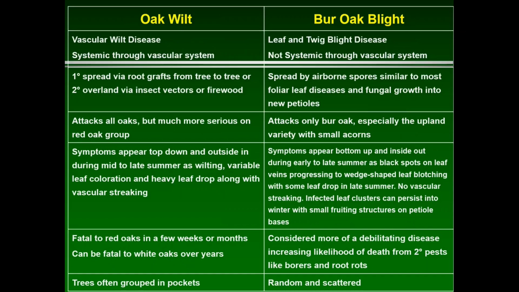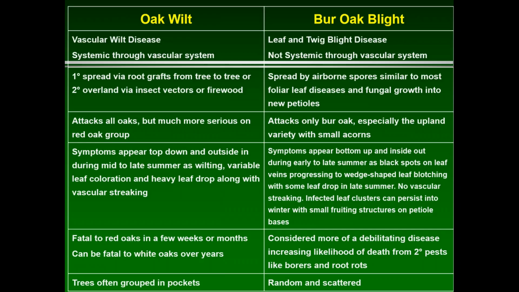Oak wilt is a vascular wilt, so as we just mentioned, it gets into the systemic part of the tree through the vascular system and can spread through the entire tree. Bur Oak Blight is a leaf and twig blight disease. It is not systemic in that it doesn't grow through the whole tree's vascular system. It tends to be restricted to small twigs and can cause some of that clustered twig death.